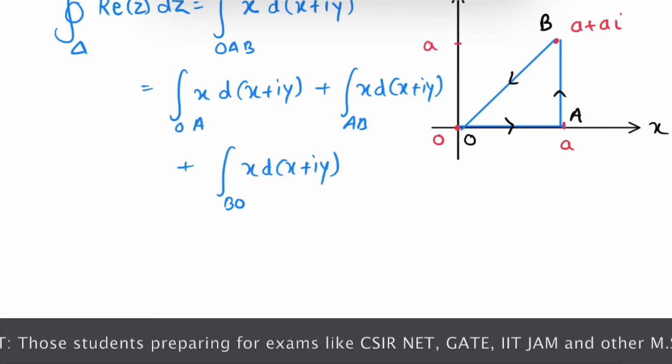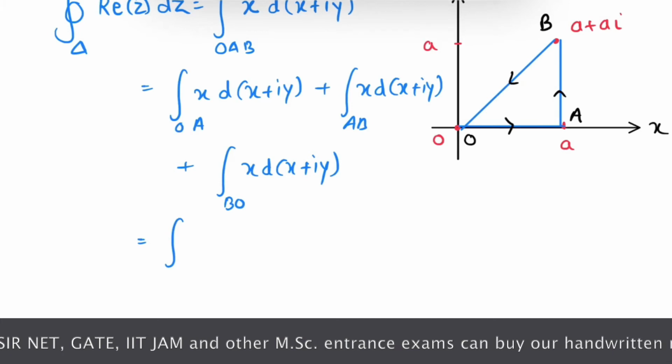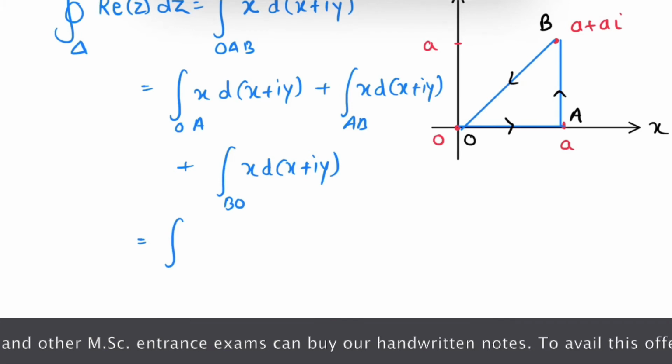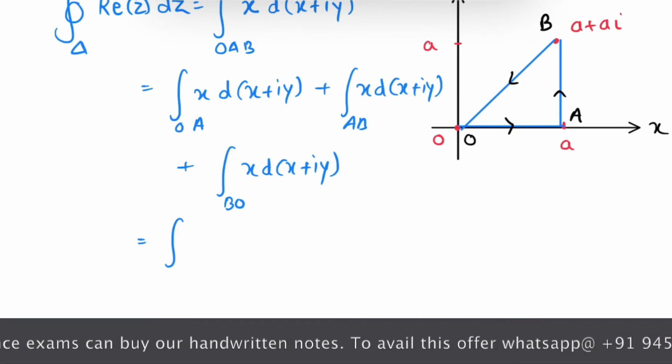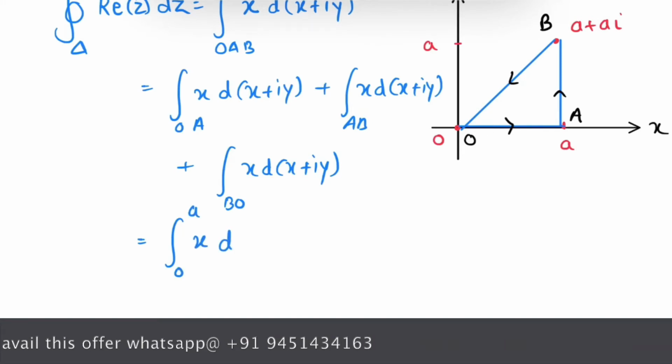Along OA, x is changing and y is 0. So x is changing from 0 to a, so it will be the integral from 0 to a of x dx, and y is 0 here.